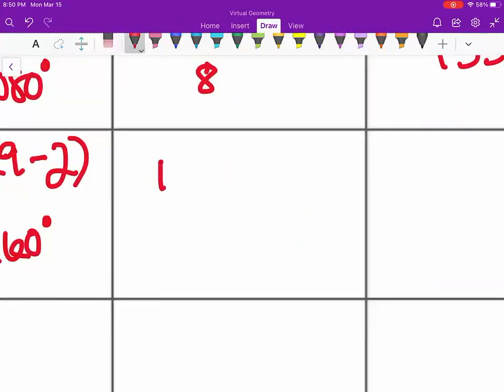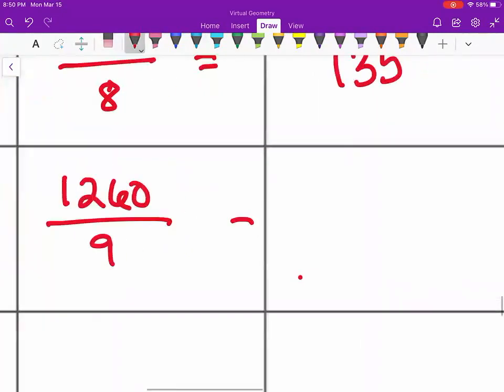If we take that same 1,260 and divide it by the 9 angles it's got, each interior angle of that regular polygon is 140 degrees.